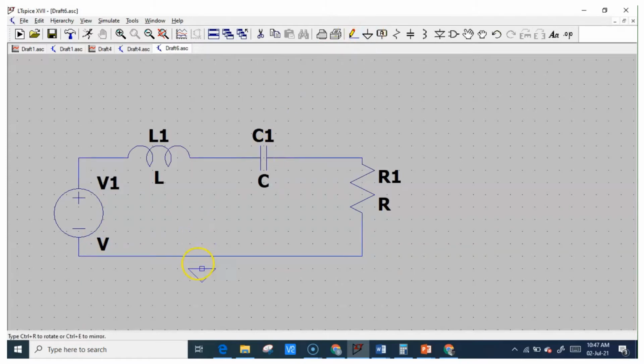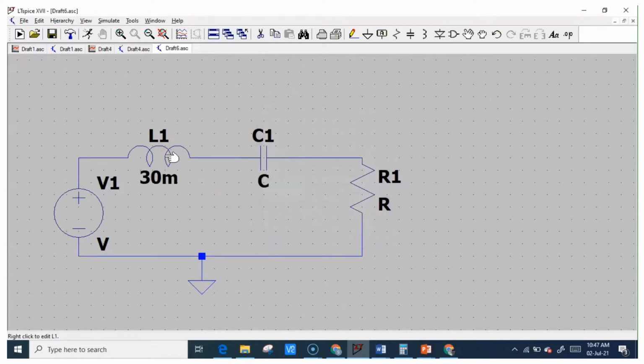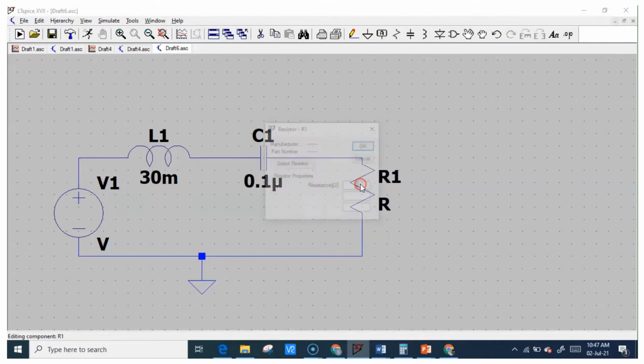Ground point is very important, so we should connect it with the ground. Let's give the values. What is the L value? L value is 3 millihenry. The capacitor is 0.1 microfarad, and the resistor is 330 ohm.